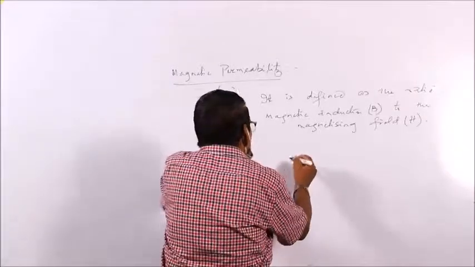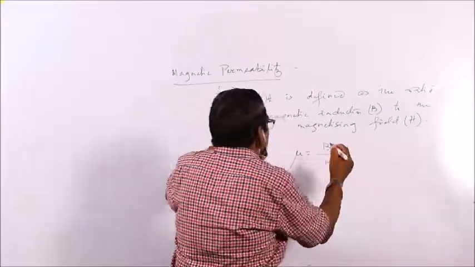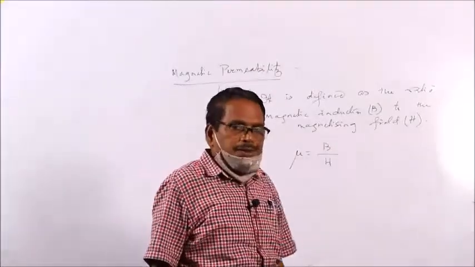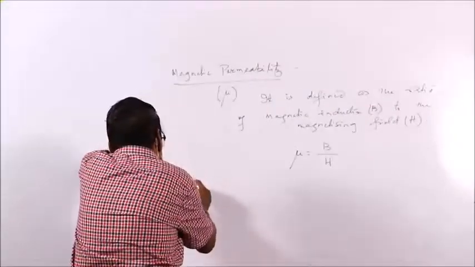So mu is equal to B by H. Permeability is equal to B by H. This is magnetic permeability.